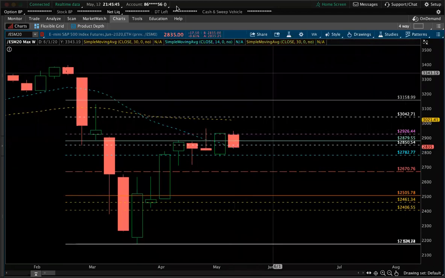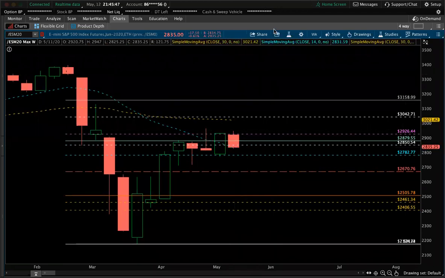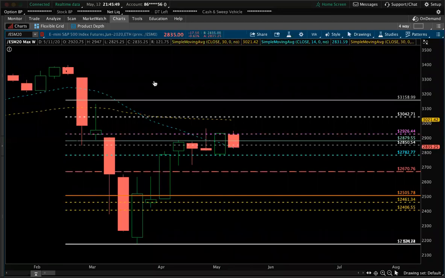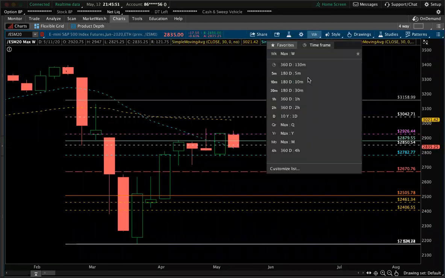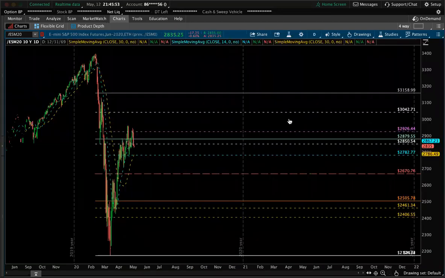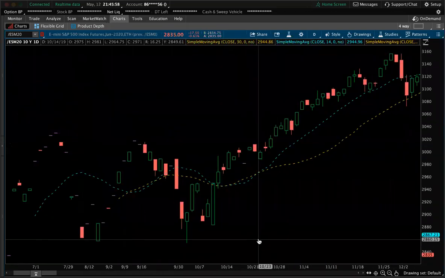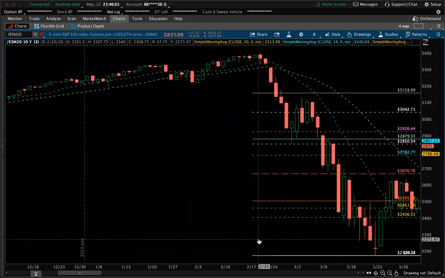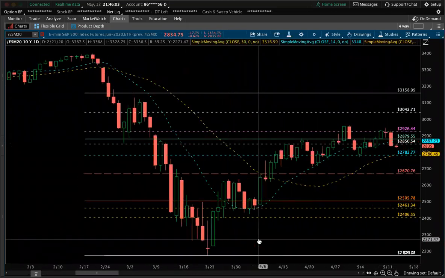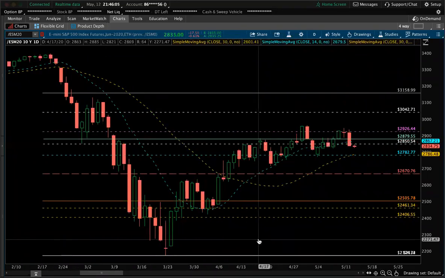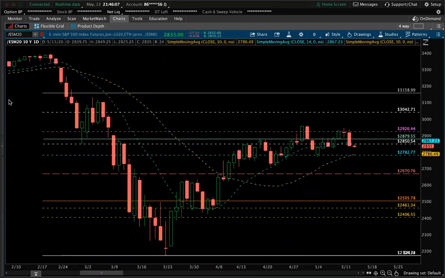So let's get the daily chart. The fibs and everything like that, I don't want you guys to even focus on the fibs. I want you to focus just on the 14 and 30. So I'm actually going to open up a new chart just with 14 and 30.